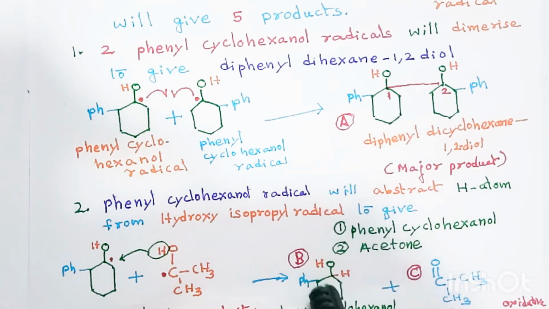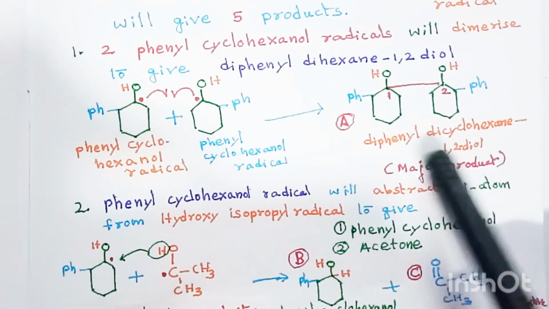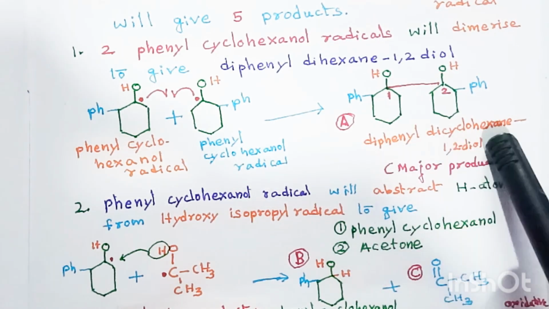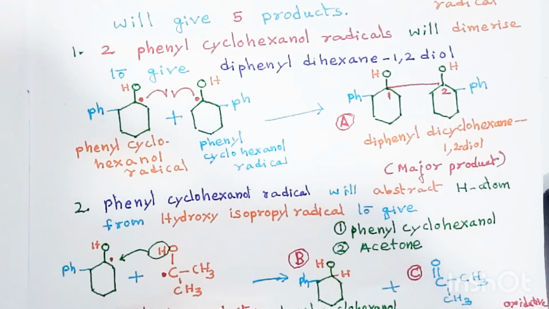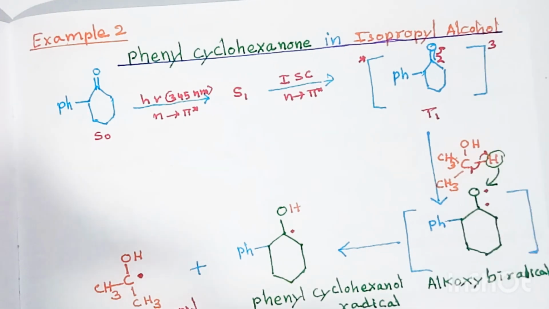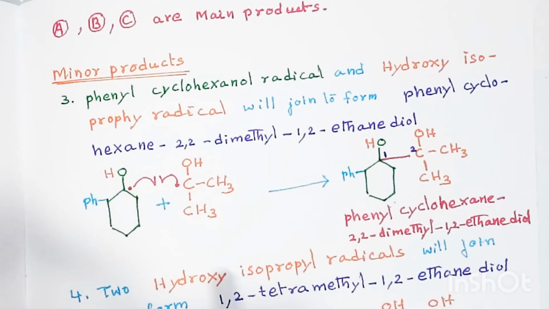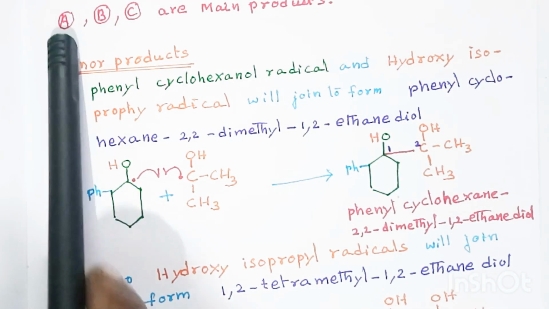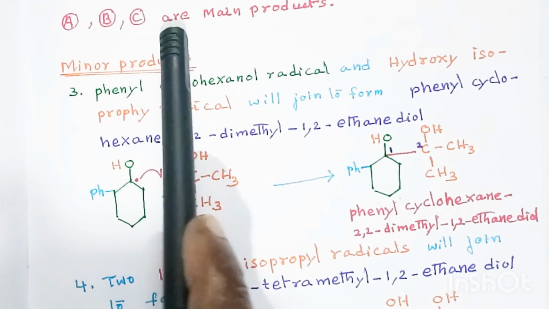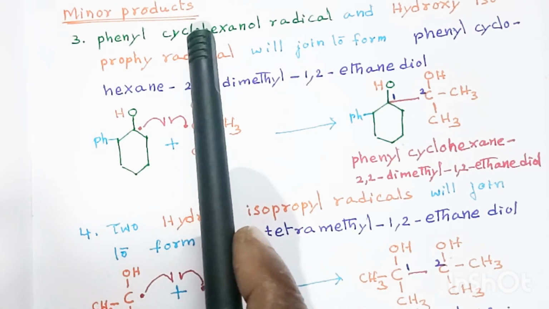These three are the main products. This is the major product, that is diphenyl dicyclohexane 1,2-diol. Let us see the remaining minor reactions and formation of minor products. So as we have said, A, B, C are main products. Let's see the minor products.